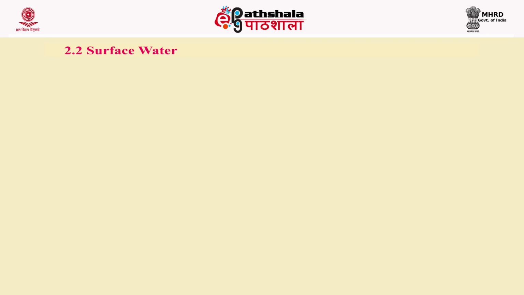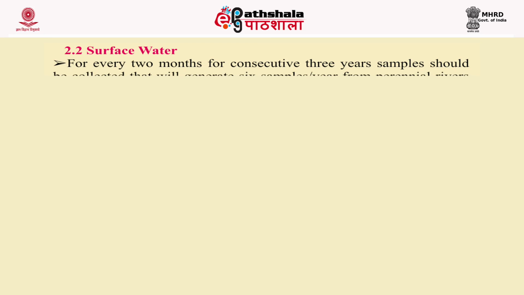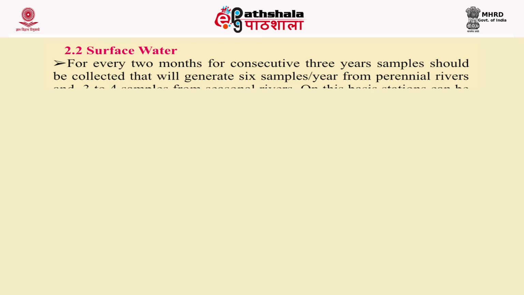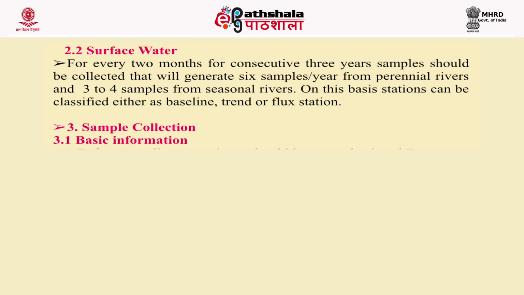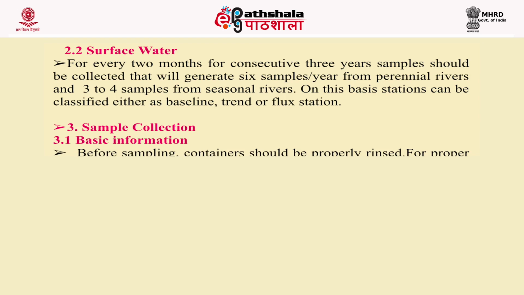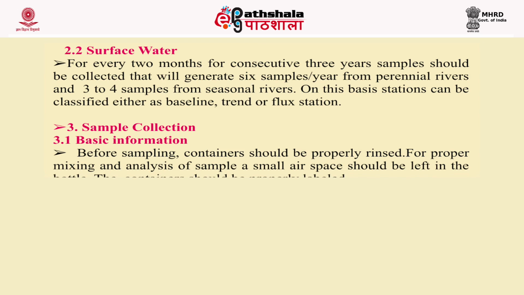Second, for surface water, every month for consecutive 3 years, samples should be collected that will generate 6 samples per year from perennial rivers and 3 to 4 samples from seasonal rivers. On this basis, stations can be classified either as baseline, trend or flux station.